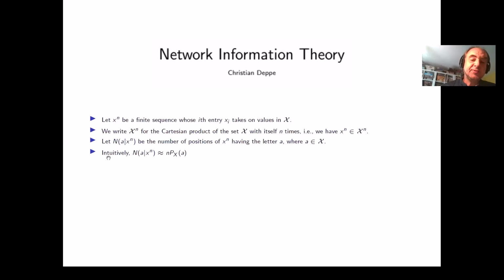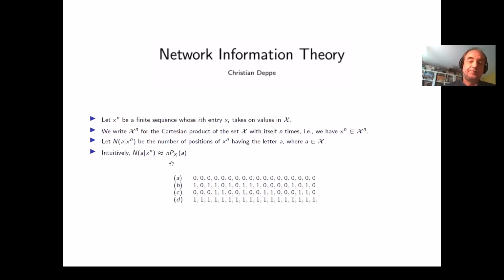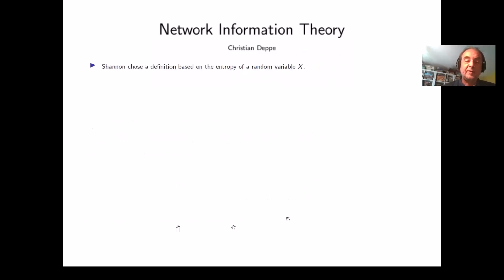And our intuition was that we expect that N_a(x^n) is roughly n times the probability of a. So let's look again at the sequences A, B, C, and D. For instance, for sequence C, if we count the number of zeros, there are 11, and the number of 1s is 7. So this seemed to be typical for this discrete memoryless source.